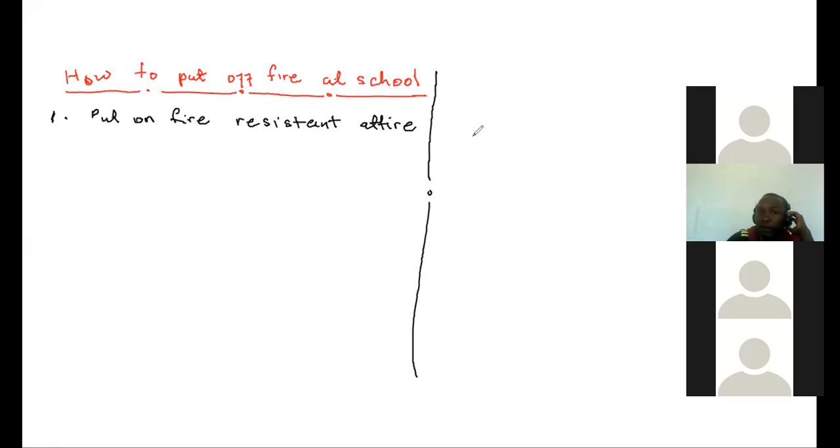And putting on fire resistant attire prevents you from getting burnt. This one at school, definitely you are going to use the fire extinguisher. So put on fire resistant attire to prevent you from getting burnt.